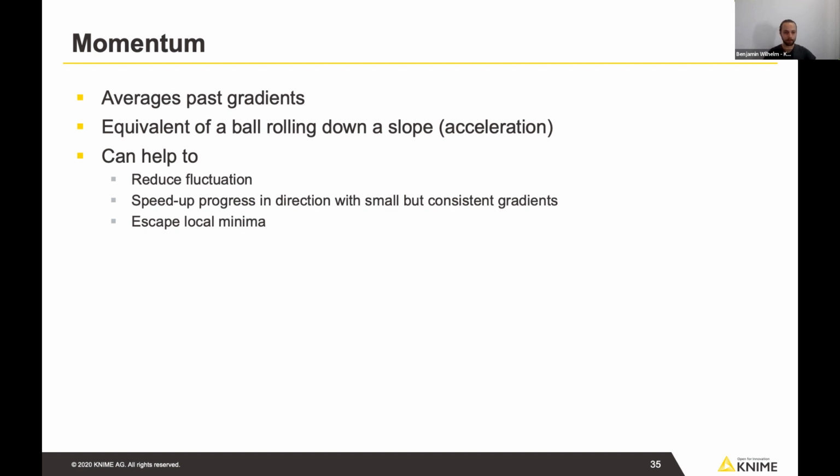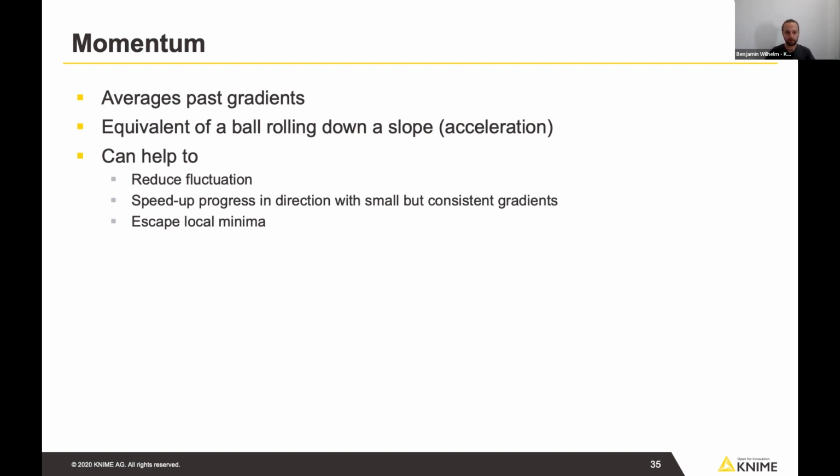This can help to reduce fluctuation. If the gradient would go back and forth all the time, this speed can help to get it into a direction where it really matters, or that stays consistent for a long time.